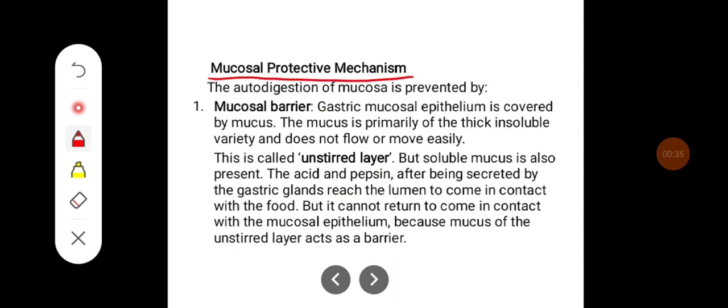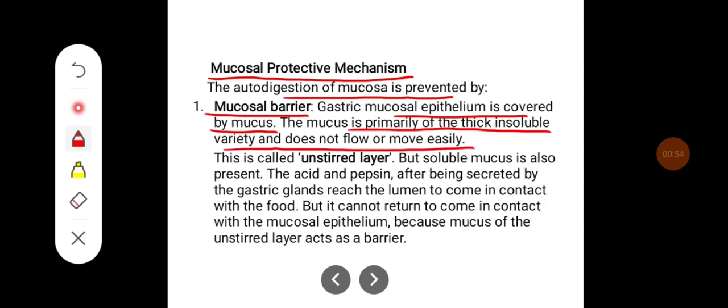Mucosal protective mechanism. The autodigestion of mucosa is mainly prevented by the mucosal barrier. The gastric mucosal epithelium is covered by mucus. The mucus is primarily made up of a thick insoluble variety and does not flow or move easily, so this is called the unstirred layer.